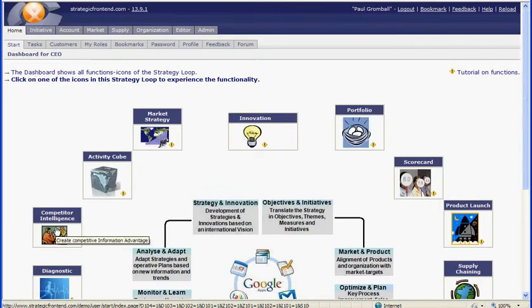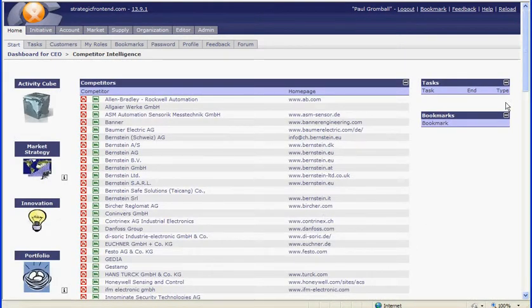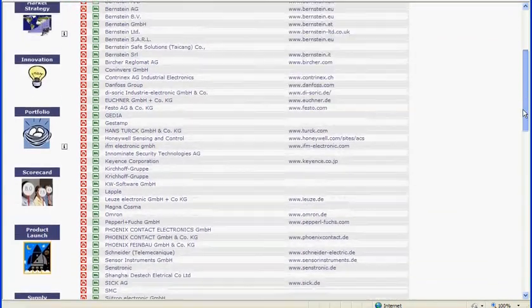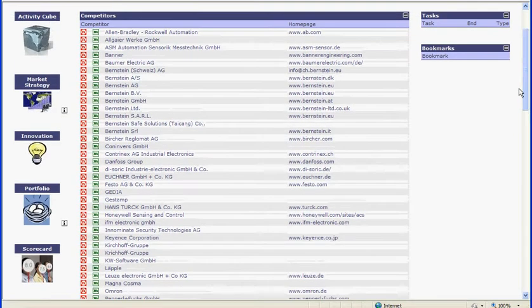If you click on competitor intelligence, you see all the competitors for which you are responsible.